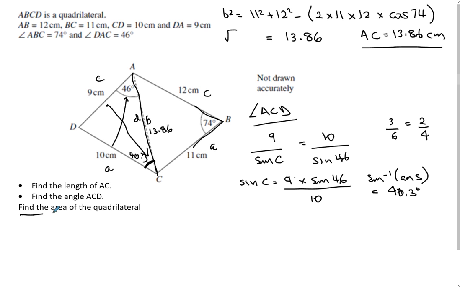Now we're asked to find the area of the quadrilateral. Again, you can see advanced trigonometry, so you need the V's. Can you see you've got your V there and you've got your V there. Well, you've got a V with the 46 as well. So you've got a choice of which one you want to use.